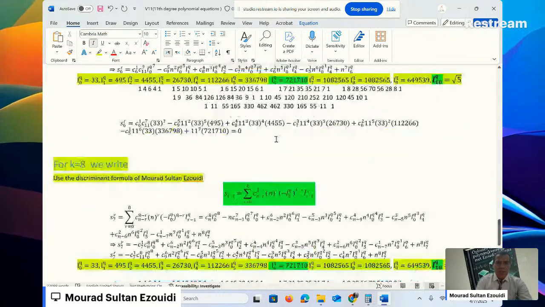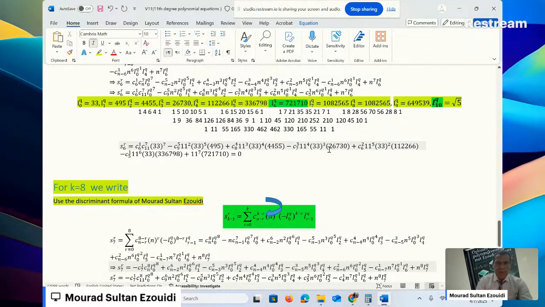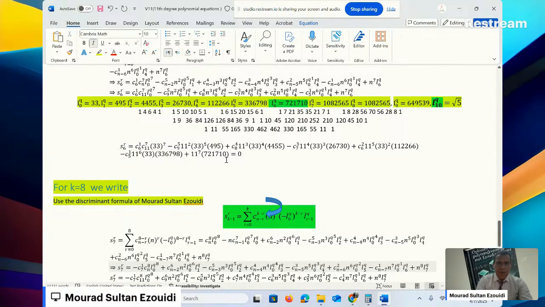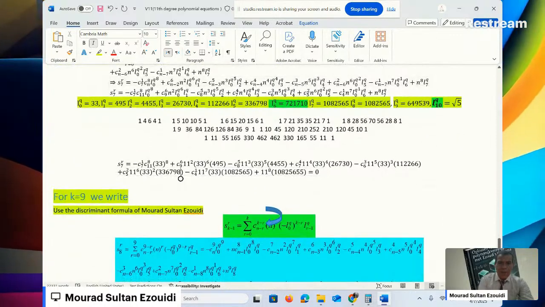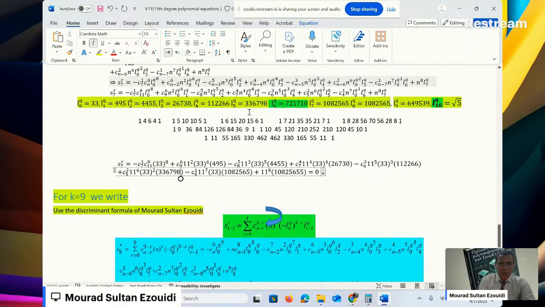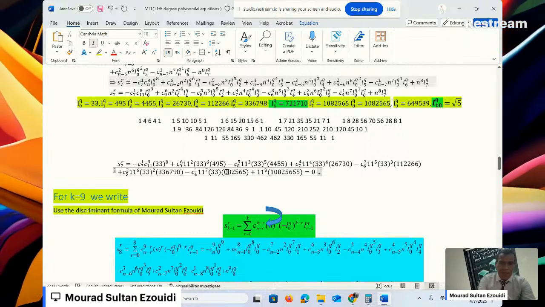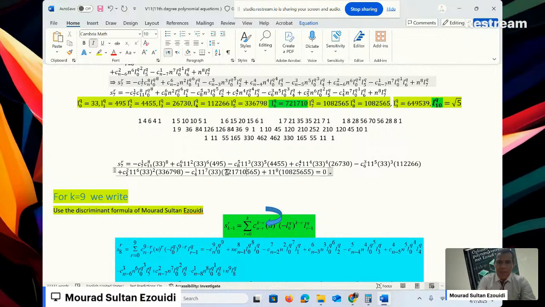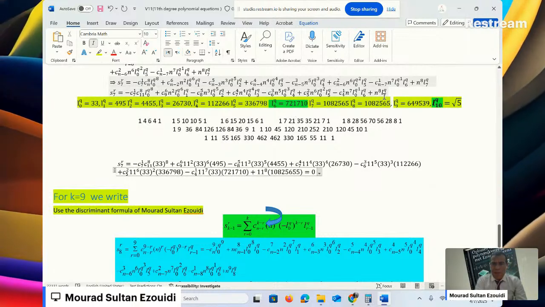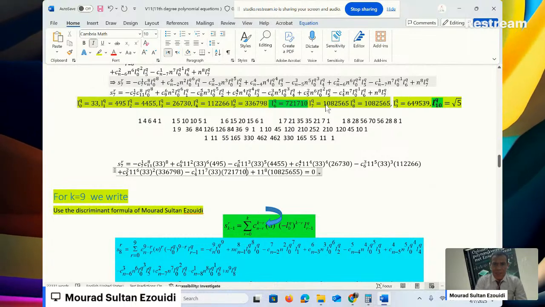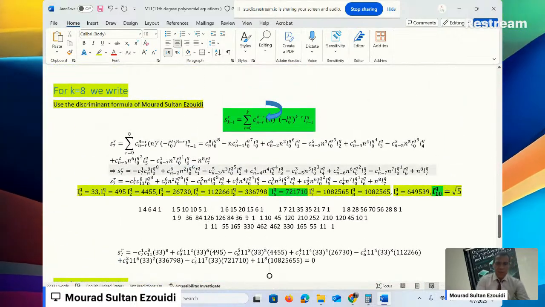Now 336,798. After that, we have 72,000. So 721,710. Okay. The formula comes with the L7, isn't it? L7 is that. This is L7. Okay. Now we calculate this and we'll see that it is equal to 0.